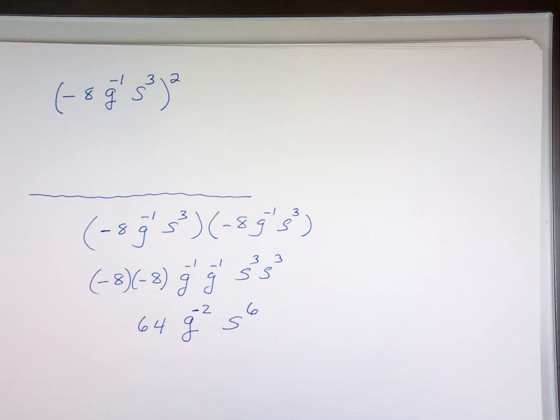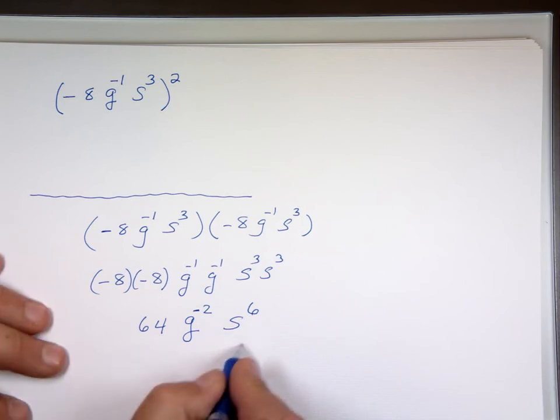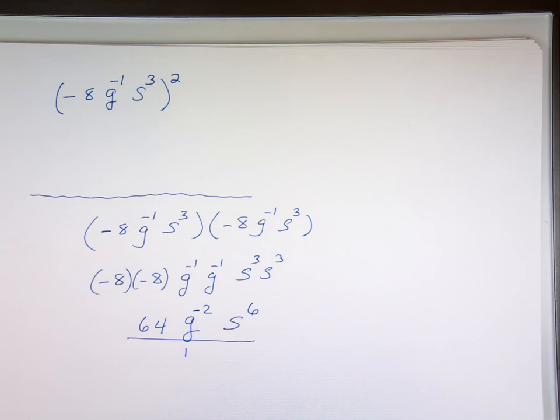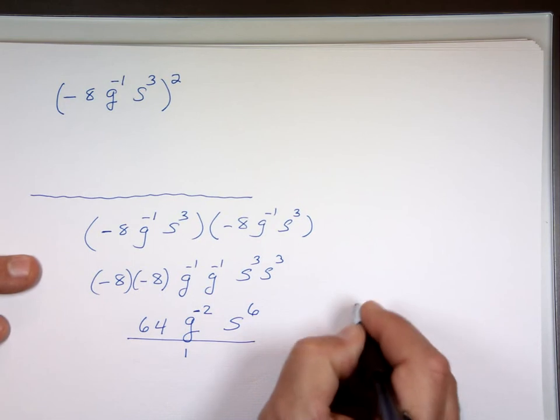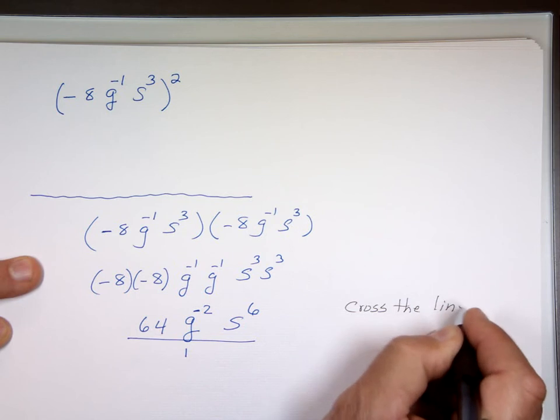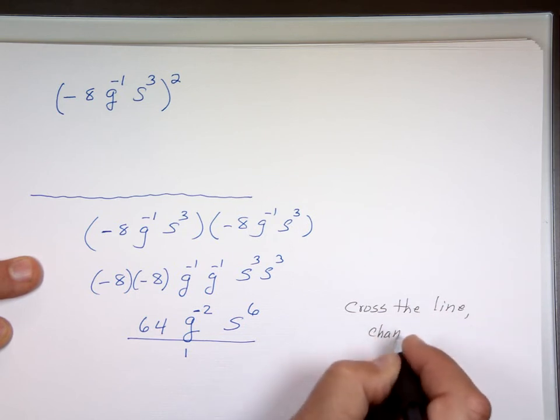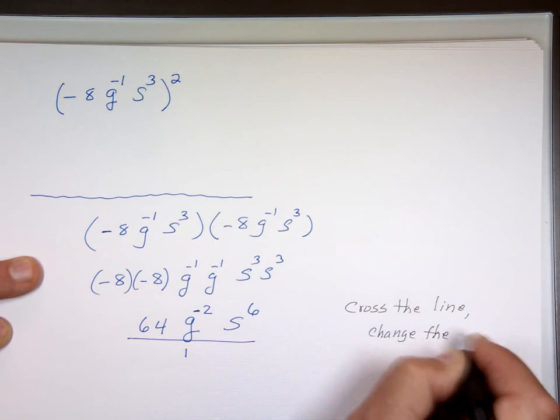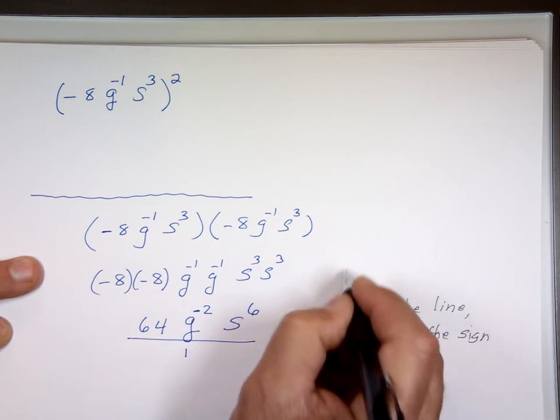Now, the other space I left there to do them differently. First, by the way, if this is your answer, I'm almost positive they're not going to like the answer with negative g's in it. So right now, that's over 1. Anytime you have a negative exponent, I always say cross the line, change the sign. That's for negative exponents.